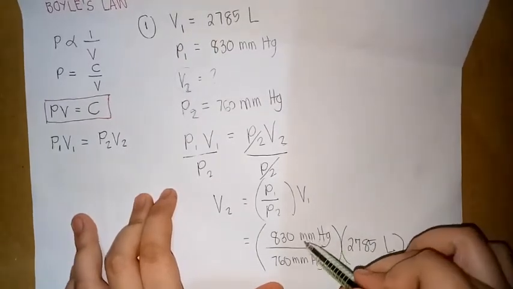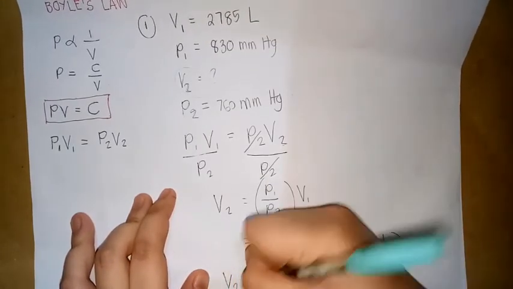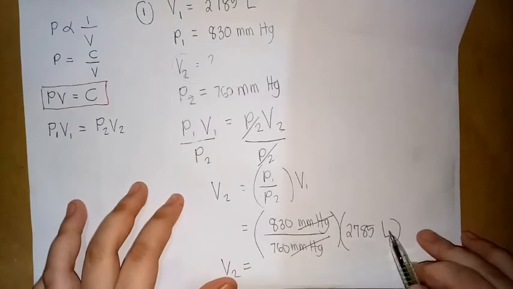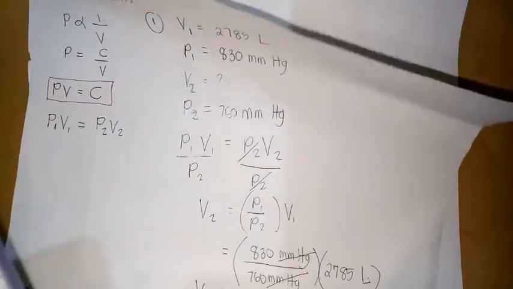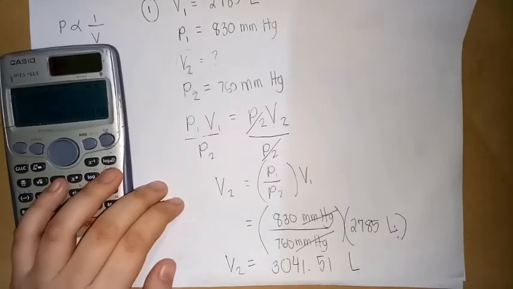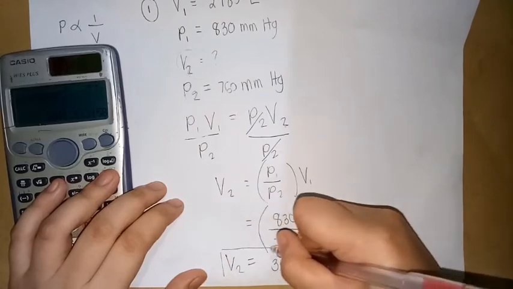The units of millimeters of mercury cancel out. Our unit for volume, V2, is in liters. Solving for this, the answer is 3,041.51 liters. So, here is our final answer.